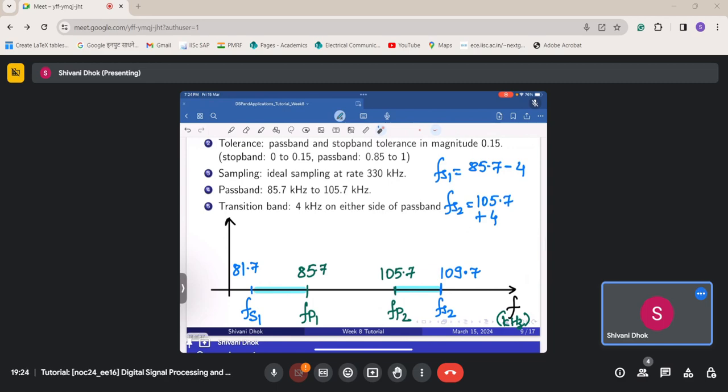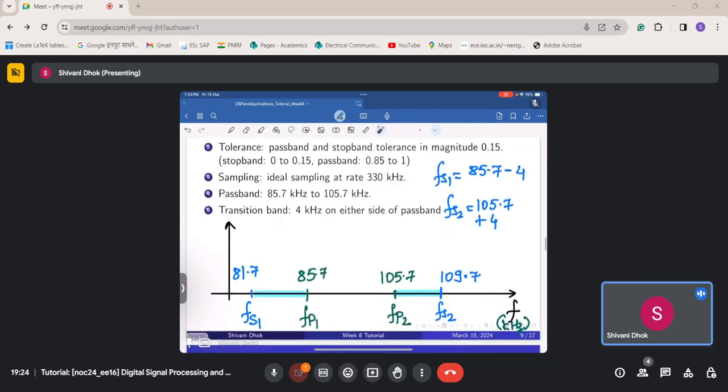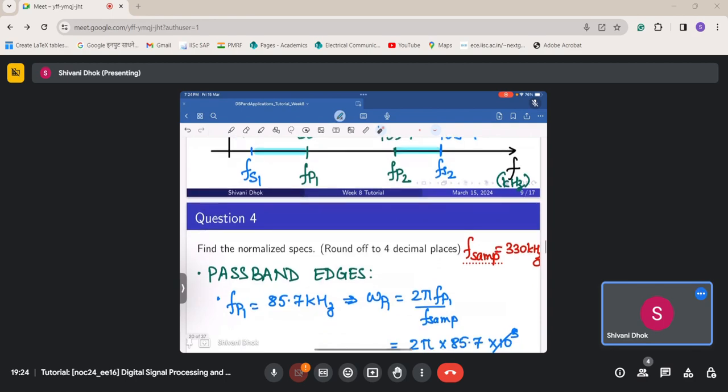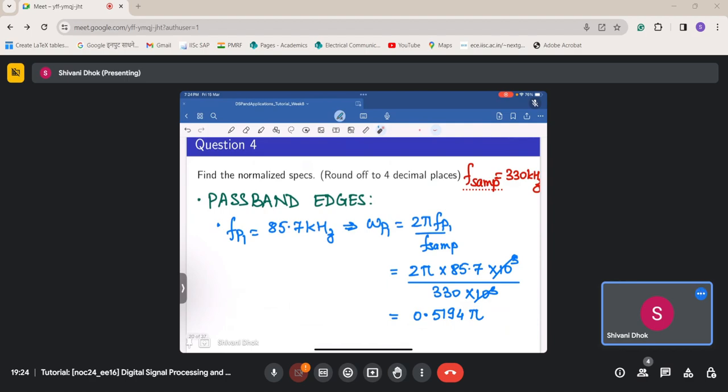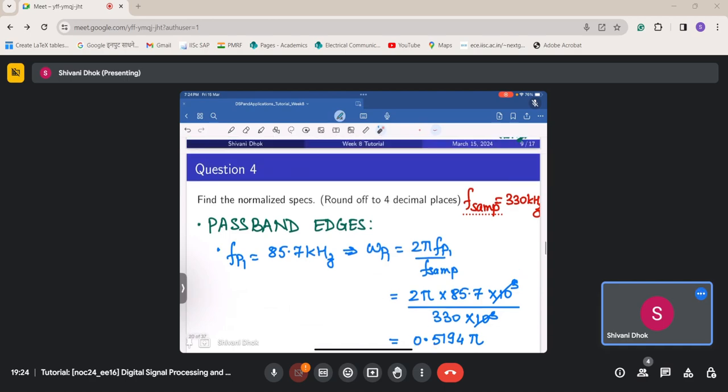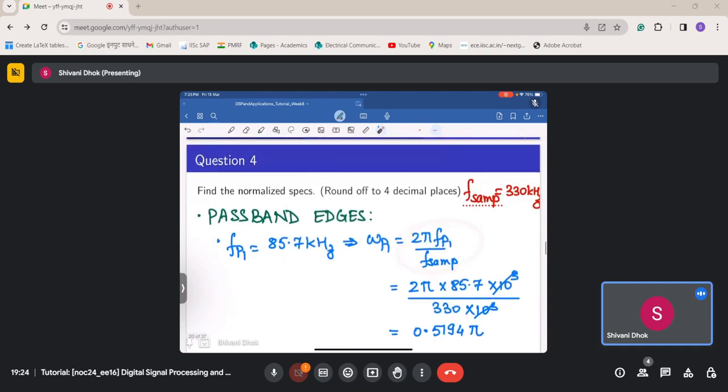We had our passband and stopband edges given in kilohertz, and the sampling frequency as 330 kilohertz. The aim is to design a digital band pass filter, or rather a discrete time band pass filter. For that, the first step was to find the normalized specifications. If I have FP, FS, FP1, FP2, FS1, FS2 in the analog frequency domain, we find the normalized specifications by using the formula omega equals 2 pi f by sampling frequency.